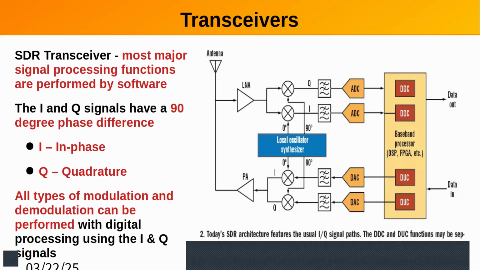So your input signal or the in phase is typically the cosine. So the Q is typically the sine. And that's how you deal with it in the software world of an SDR. That's all I and Q stand for: in phase and quadrature phase.